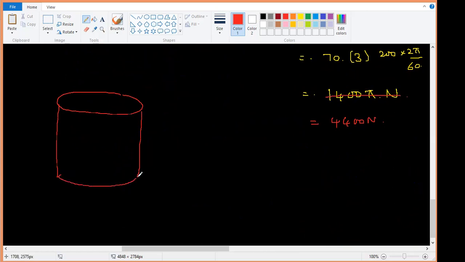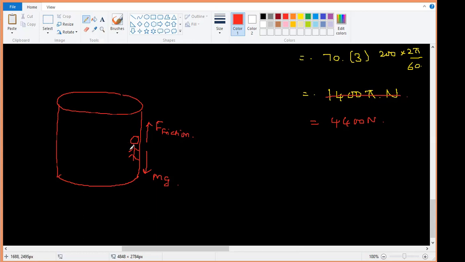Sir, we'll have to put the weight as mg, and then we have to find the limiting frictional force. Yeah, that's correct. So the weight is pulling him downwards, whereas I guess the weight has to be less than or equal to the frictional force required.